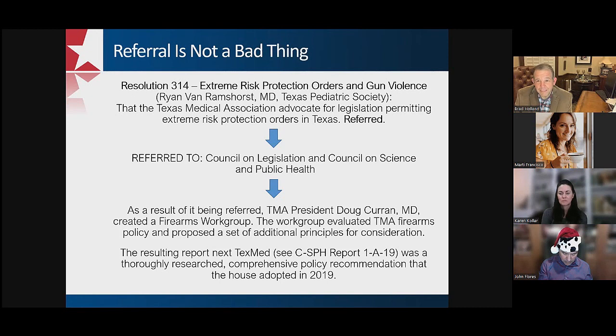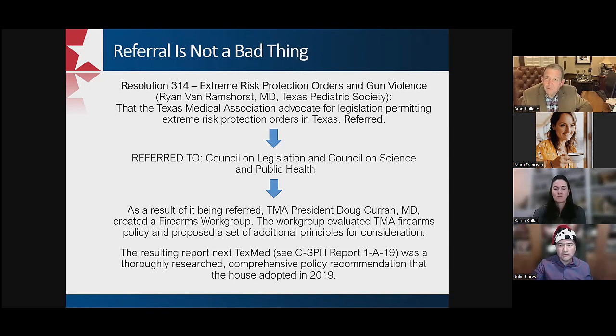It was a magnanimous and large policy change for TMA that I think was well accepted. And that was all started by way of a resolution that was not passed, but ended up moving TMA and setting the forces that develop policy in motion in a very, very significant way. So don't always think that referral is a bad thing. John, you have anything on that? No, this is a wonderful example of how the referral process works and how you can get really significant results.